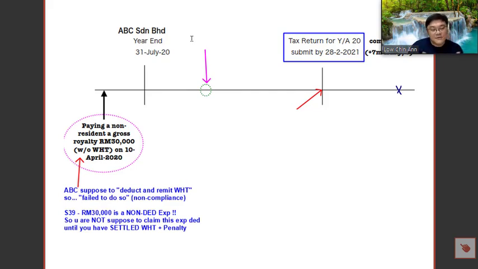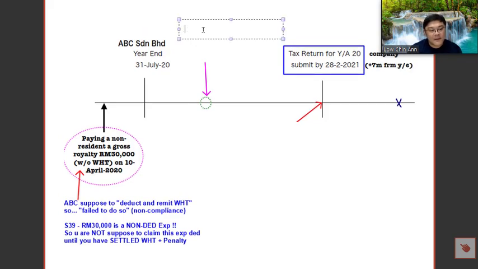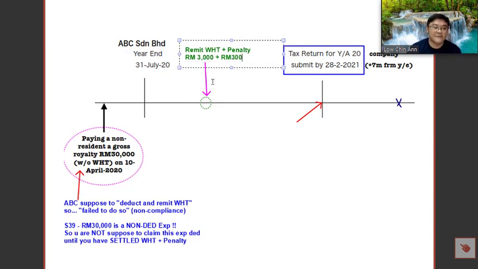Now, imagine that what we're going to do is we tell ABC, even though you're late, you're not that late, because the return is only due on 28th of February 2021. So you go and remit the withholding tax. Of course, you must pay the penalty, because it's already more than 1 month. So the 3,000 plus 300, you go and settle it now.